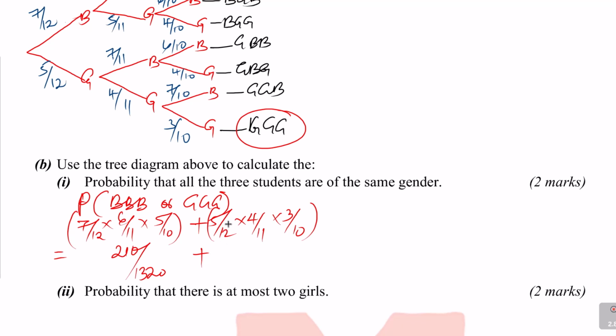Then for the girls, 5 divided by 12 multiply by 4 divided by 11 multiply by 3 divided by 10, that will give 60 divided by 1320. So when you add these, you get 270 divided by 1320, and you should leave this one in simplest form. When you simplify that, this one should give 9 divided by 44.